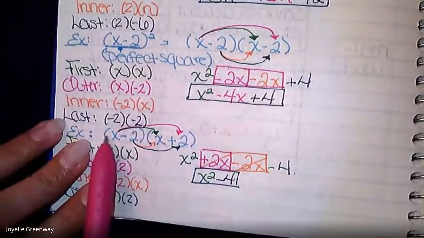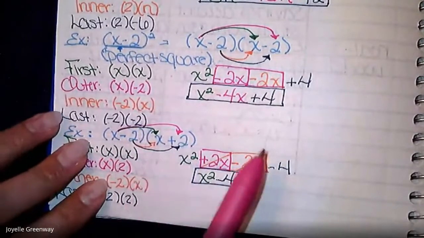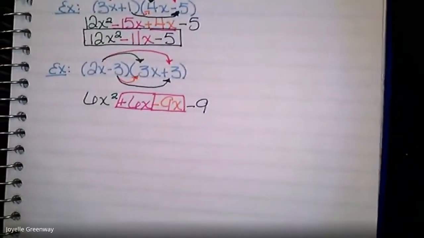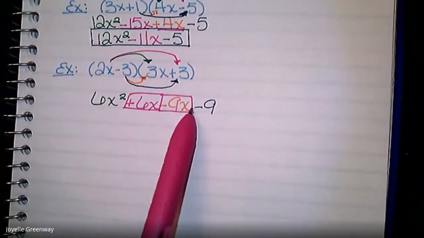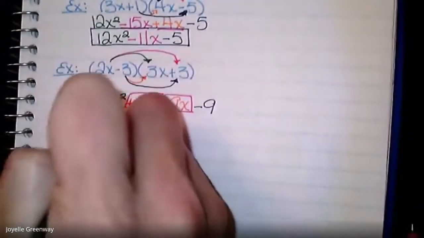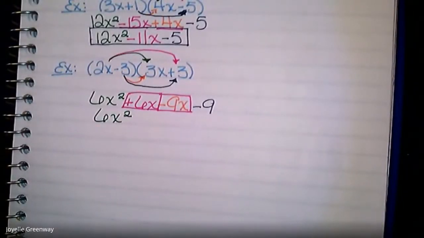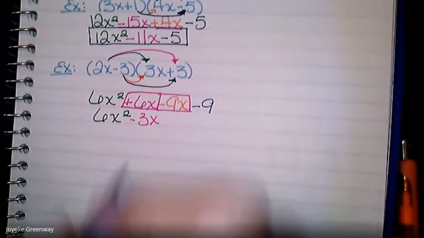If you had 3x minus 2 and 3x plus 2, that would cancel out. But in this one, you have two different first terms, a 2x and a 3x, and that's why these terms didn't cancel. So your final answer is 6x squared minus 3x minus 9.